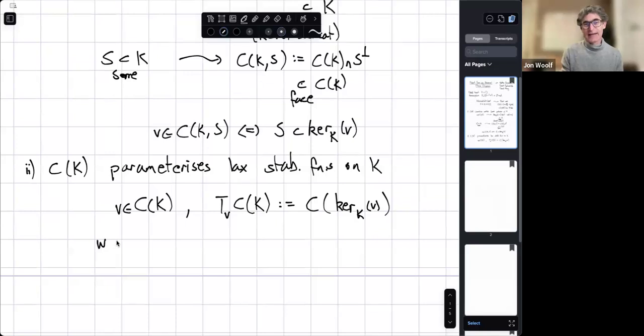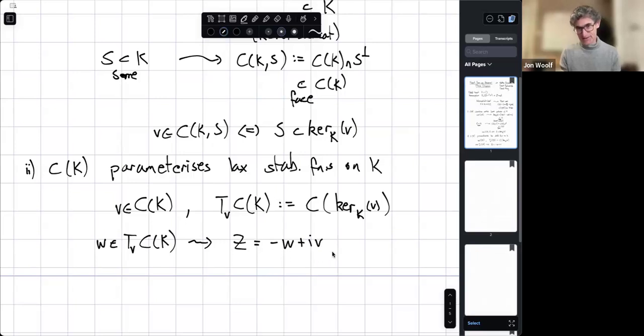Now if I take some vector w in the tangent cone at v to C(K), then I can look at the charge or the stability function, which is given by minus w plus iv.